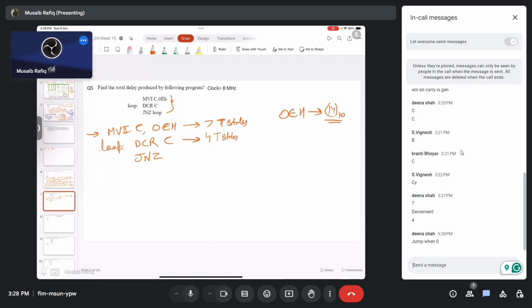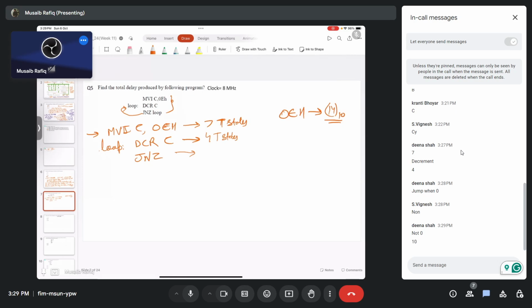It is JNZ, there is an N. It is jump on non-zero, not on zero. So when it is non-zero, it will go back here. And how many states does it take? 10T.